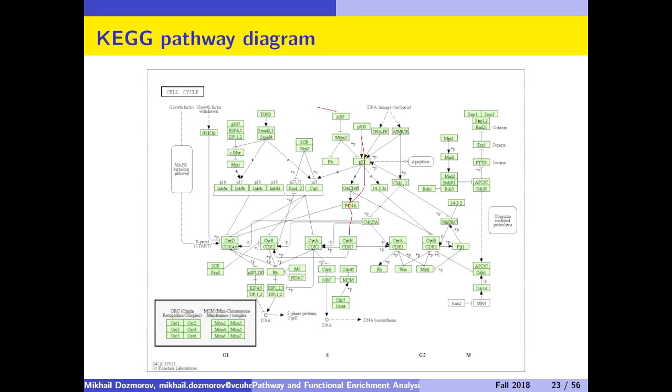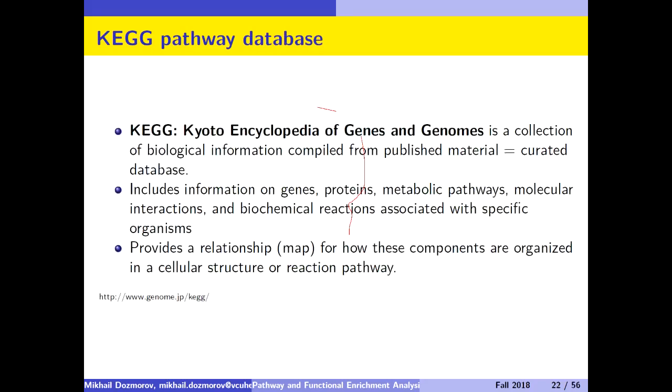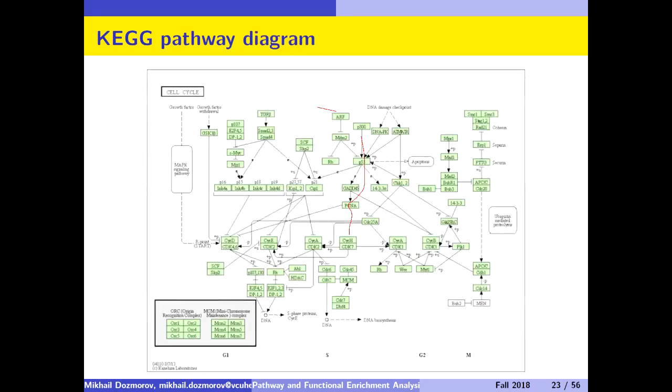For example, if you have a list of differentially expressed genes, you may overlay them and see where they are located. If p53 is highlighted as red, you may think that's pretty interesting because this gene is a very important one, and if it's differentially expressed, it may affect several upstream and downstream processes.